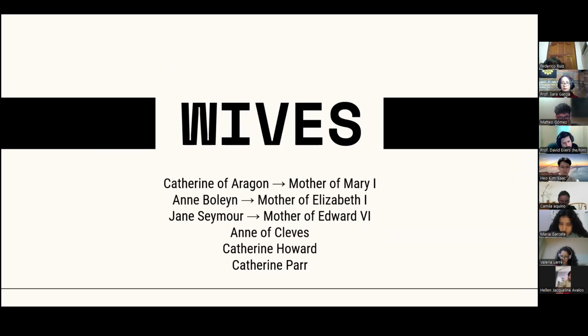One of them being a boy, the rest of them being girls. But she was the mother of Mary the First. She would later on be Mary the First when she also became queen. But the problem was that, according to succession law at the time, in those specific years, Henry didn't have a male heir. If you don't have a male heir, then you don't have a kingdom. What is going to happen to the kingdom?